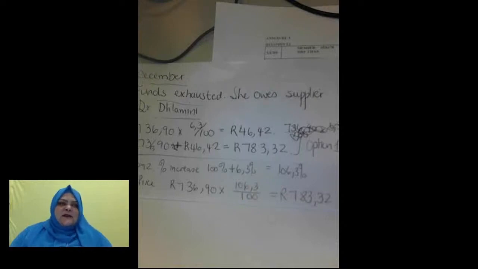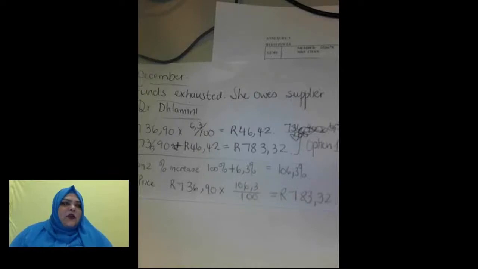This is a safer option because we will not fall into the mistake we can make in option 1. Remember, in option 1 you have 2 steps: you get the Rand value of your 6.3%, and then you still have to add.